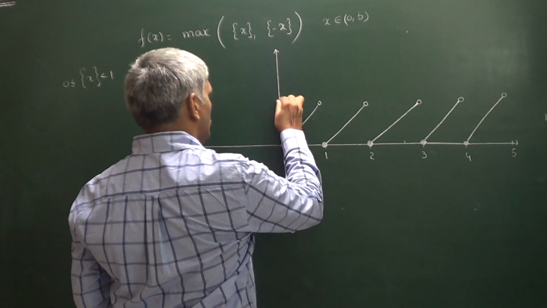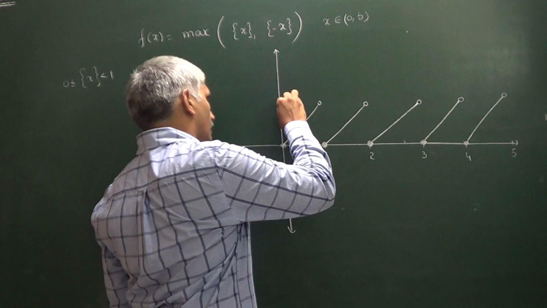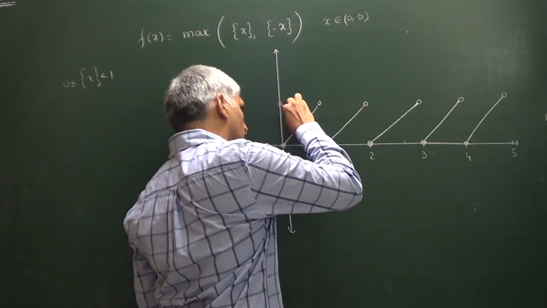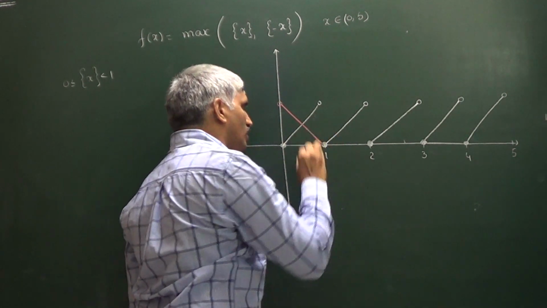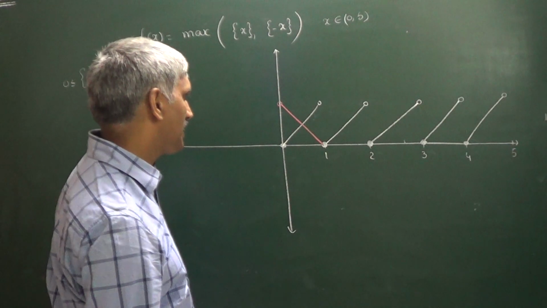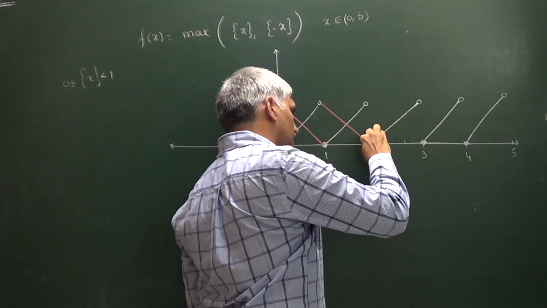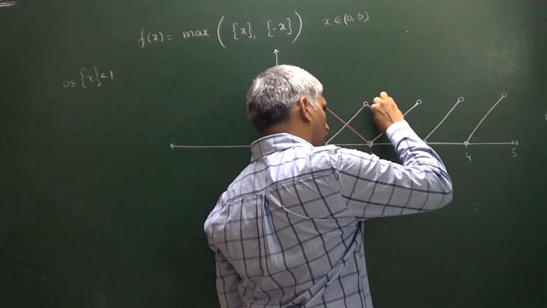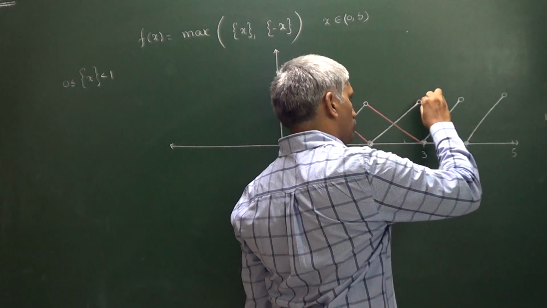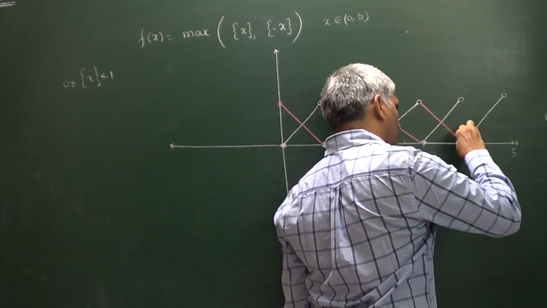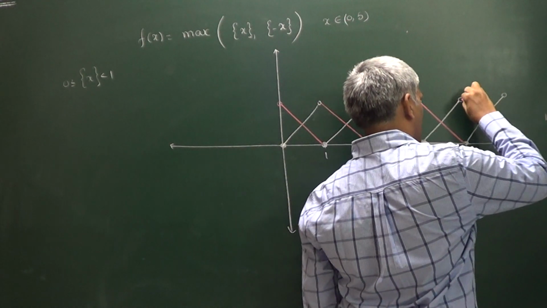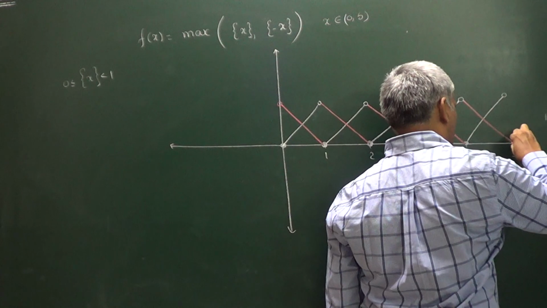This point is this one, in the opposite direction. This is the graph of fractional part of minus x, right? So again we will get like this, and like this. So this is the graph of fractional part of minus x.